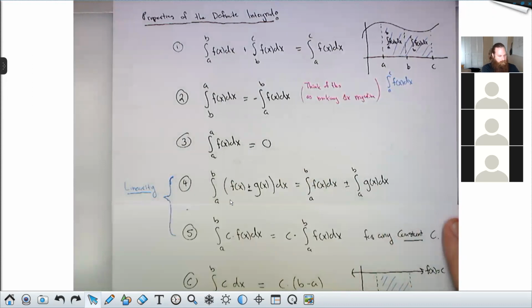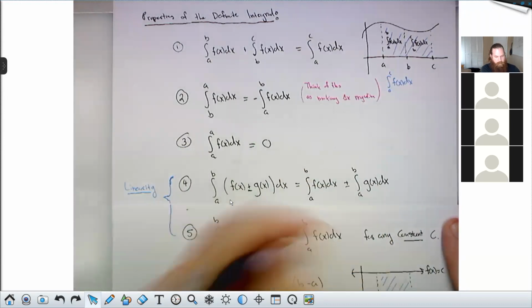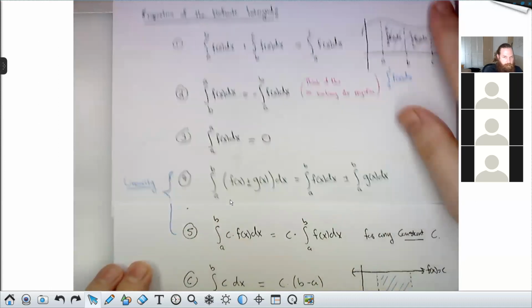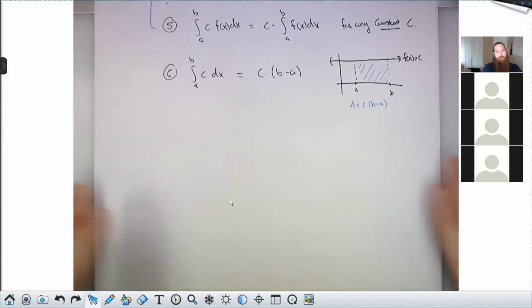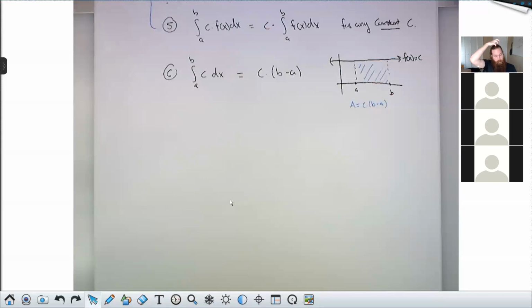Its height is just c times its width, which is b minus a. All right. So these are the fundamental properties of the definite integral operator.